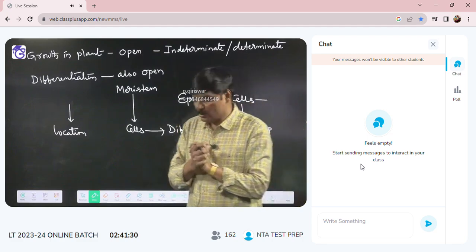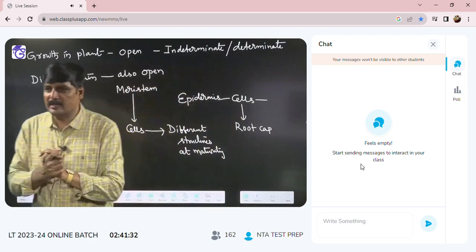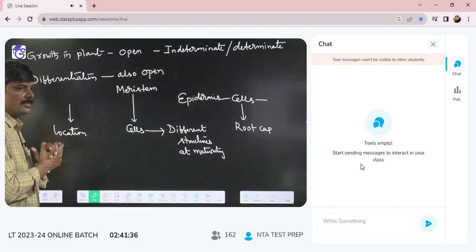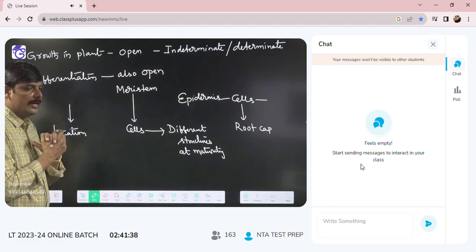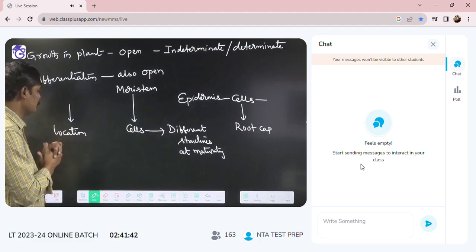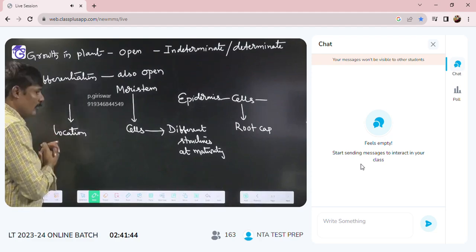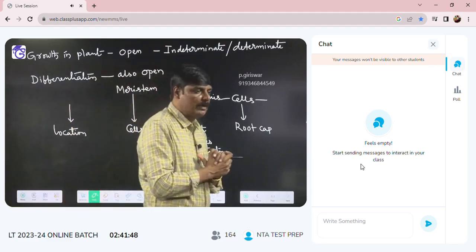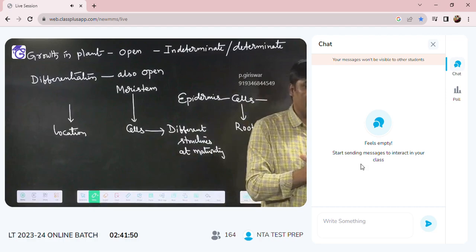Right. So this is very, very important. So far I told you regarding these three concepts: differentiation, de-differentiation, redifferentiation, and finally what is the meaning of growth in plants is open and differentiation in the plants is open.